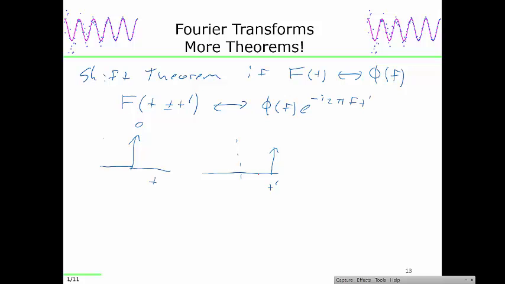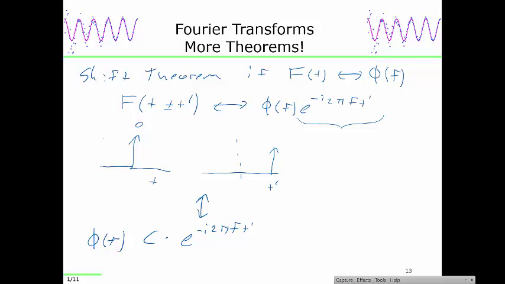If I'm taking the Fourier transform, and in the Fourier domain I have this e to the I 2 pi ft that ends up being a multiplier. What's that going to look like if I do the Fourier transform? The Fourier transform of the impulse is a constant, right? So I'm going to have a constant times e to the negative I 2 pi ft prime is phi of f, according to this theorem.